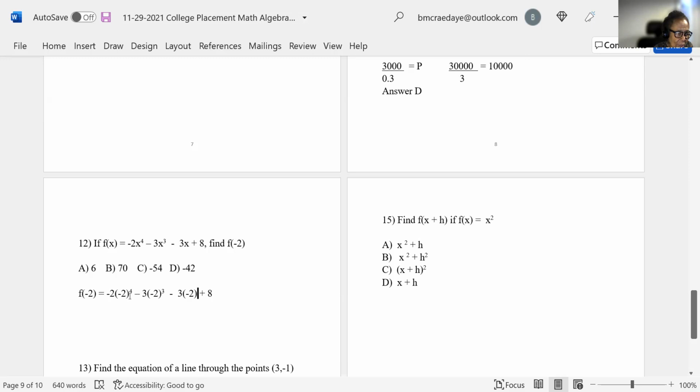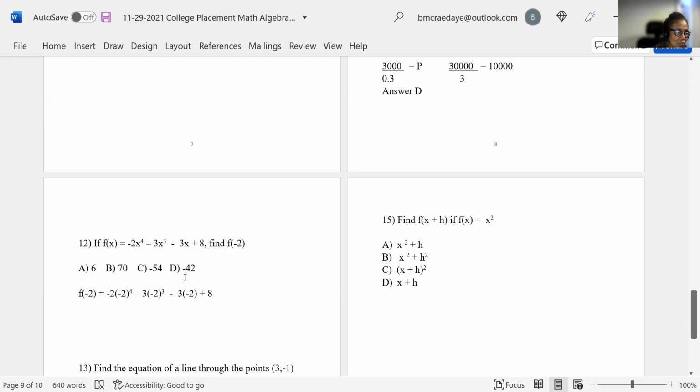Just a hint for you. Whenever your power is an even number, you will get the opposite sign. So if it's a minus, then the value will be plus. If it were odd and a minus, you'll get a minus. So a minus 2 to the 4th power, whatever you get here, it will be a plus, whereas this one, minus 2 to the 3rd power, will be a negative. Okay.